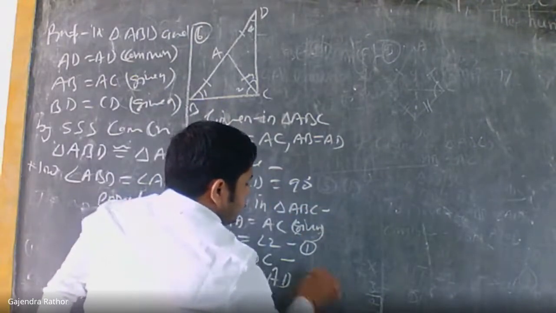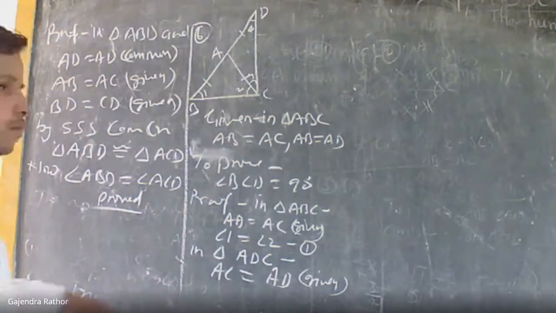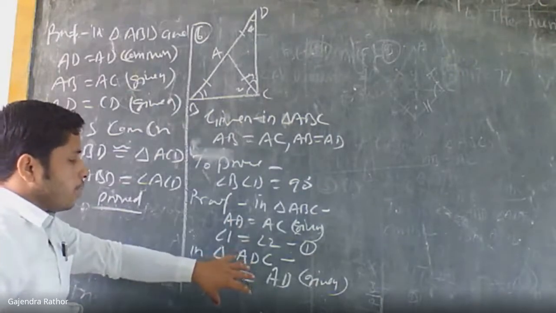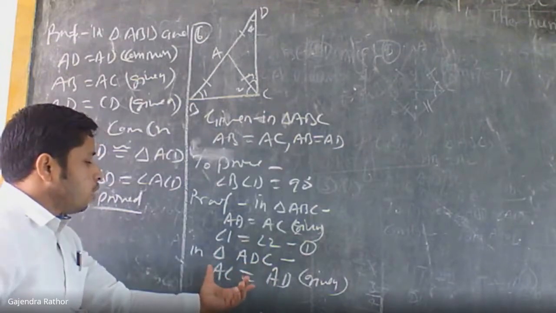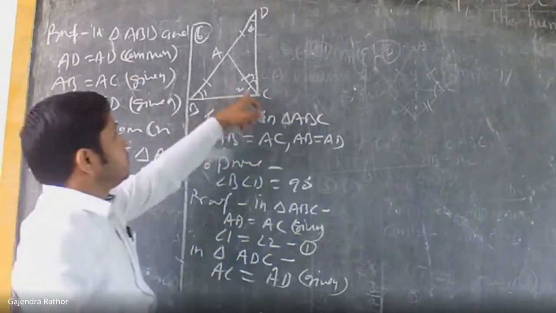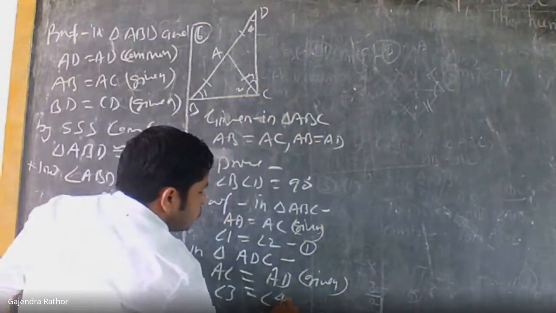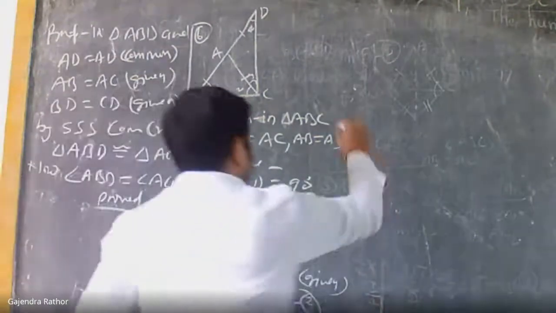Where did we take this from? From the given. Because the two sides AC and AD are equal to AB, they are also equal to each other. So again, the angles opposite equal sides are also equal. So angle 3 is equal to angle 4. Equation number 2.